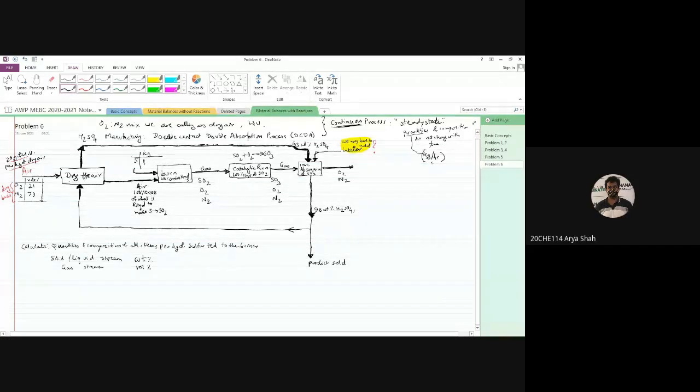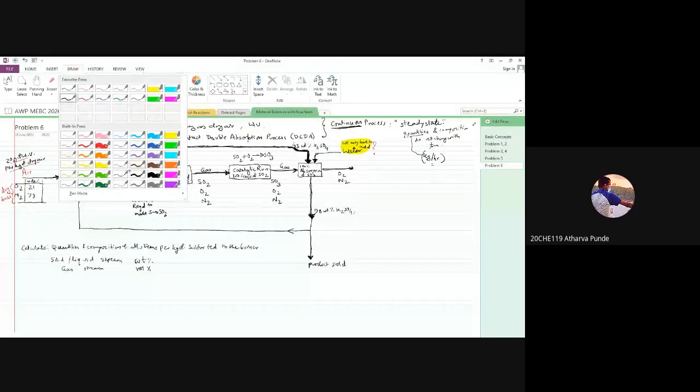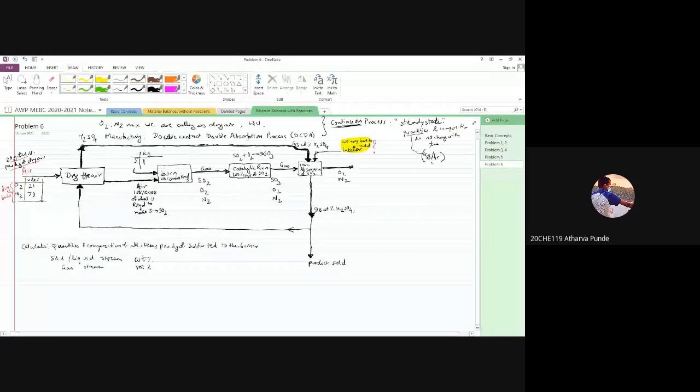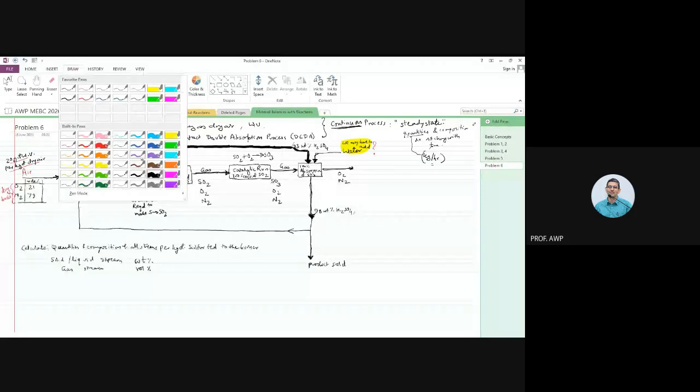Sir, H2O added is 625 gram. Thicker arrow. What are you saying? 625 gram H2O added, water added. 625 grams. All right. Answer.